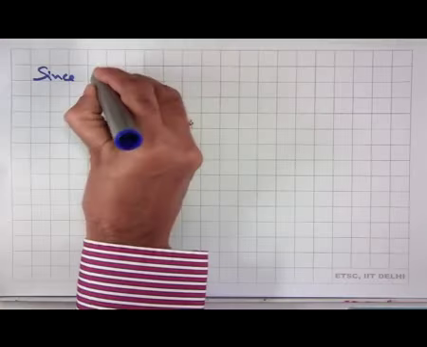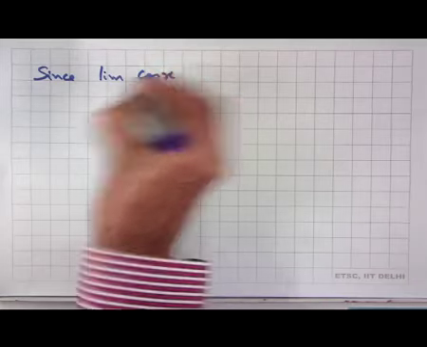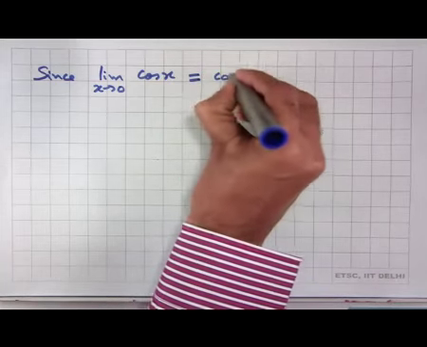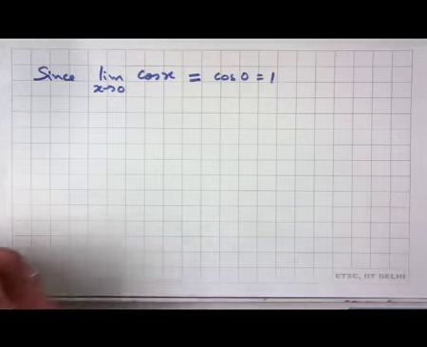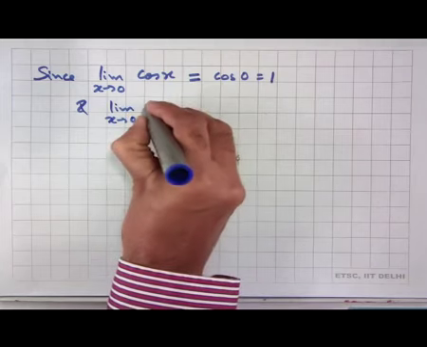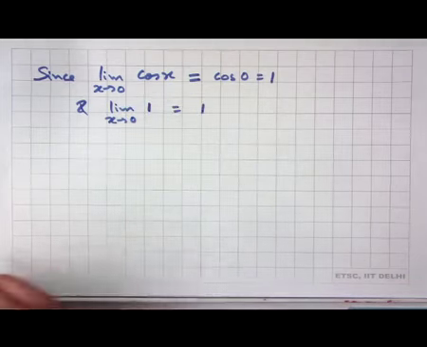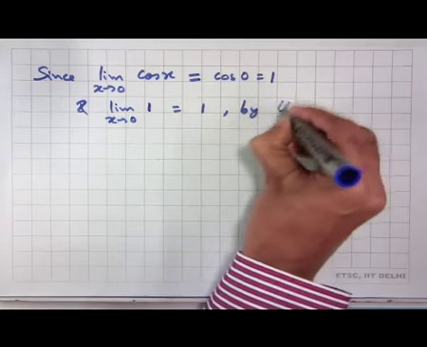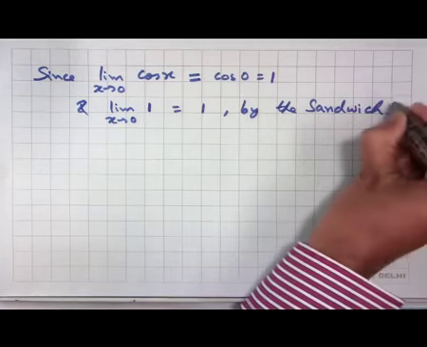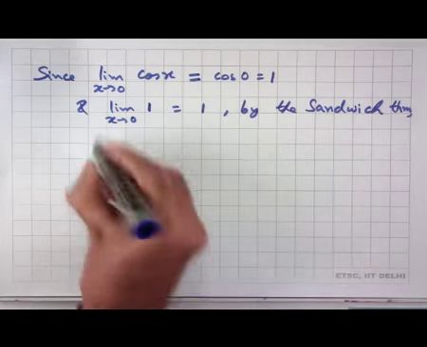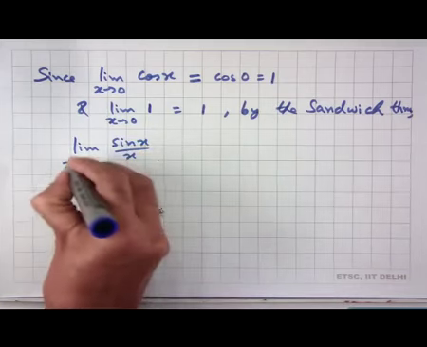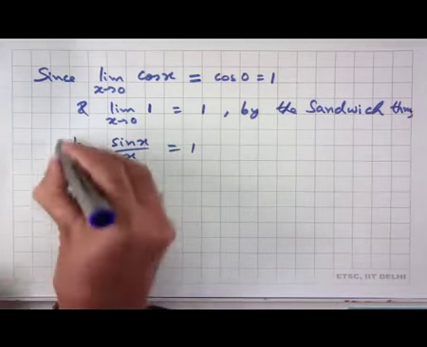Since limit of cos of x as x approaches 0 is simply cos of 0, which is 1, and of course, the limit of the constant function 1 is equal to 1, by the sandwich theorem the limit of sin x by x as x approaches 0 is also equal to 1.